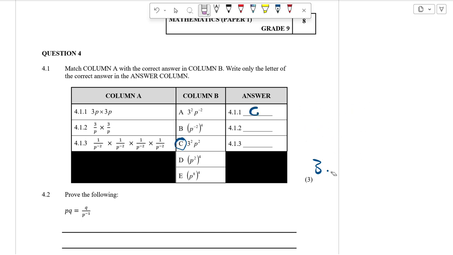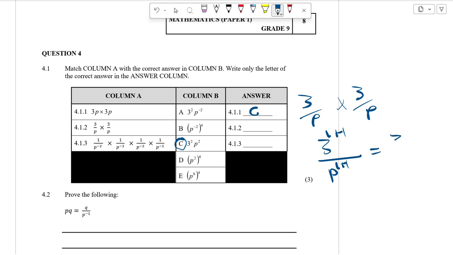And we also have this one, they say 3 over p multiplied by 3 over p. Okay, so what's going to happen here is that 3 and 3, same base, right? We copy and add the exponent, 1 plus 1. Divide by p and p, we copy the base and add the exponent. So it's 1 plus 1. So this will give me 3 squared over what?